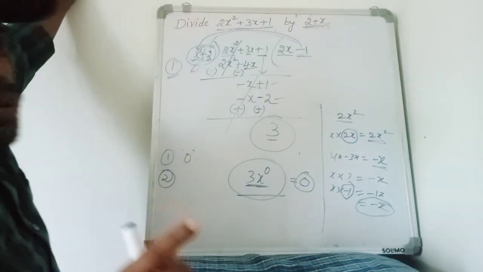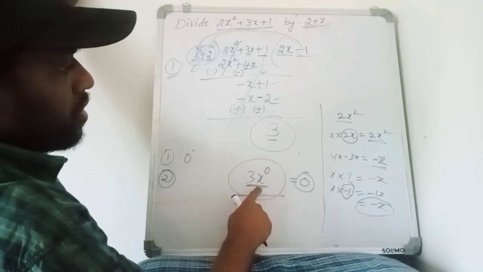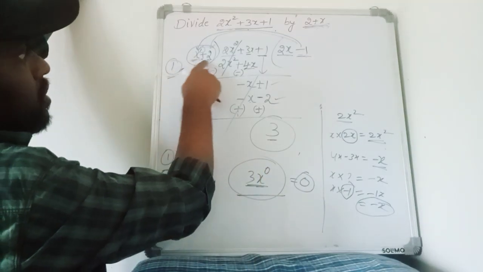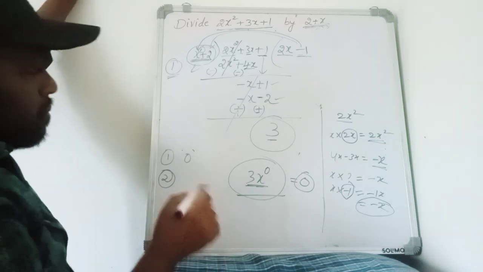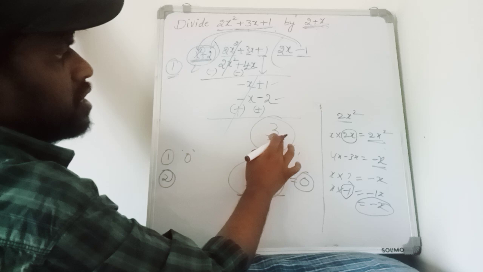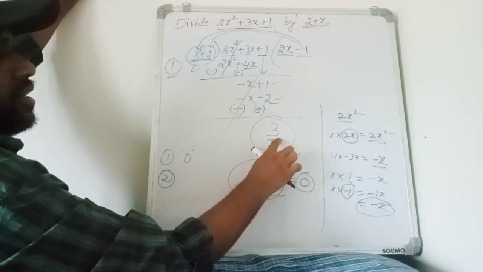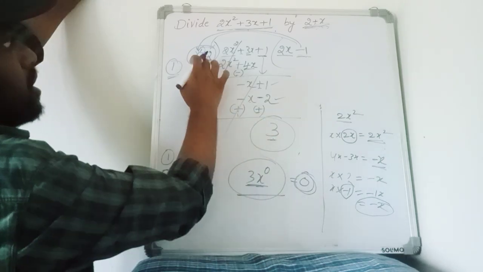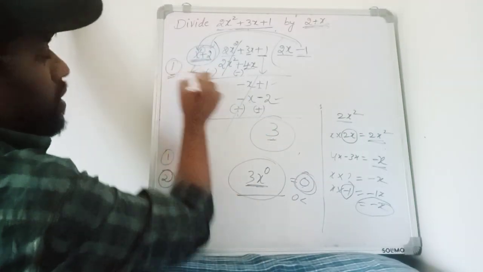See, when the degree of this polynomial is less than the degree of this polynomial, I mean the divisor, that time we have to stop the division process. First condition, when we get 0, we have to stop the division process. We did not get 0, we got 3. But another condition is there. Degree of this is 0. Degree of this divisor is 1. See, this 0 is less than this 1.